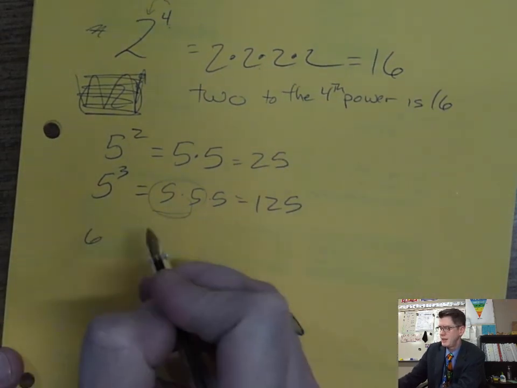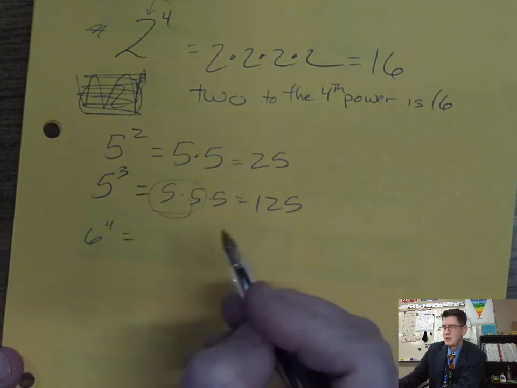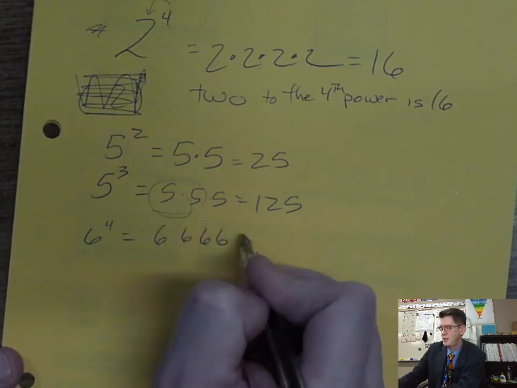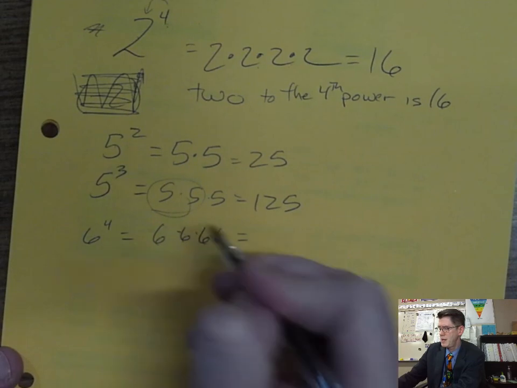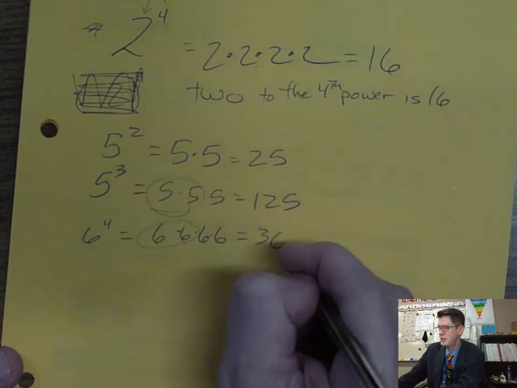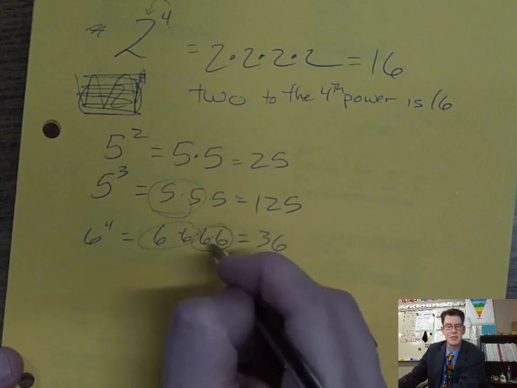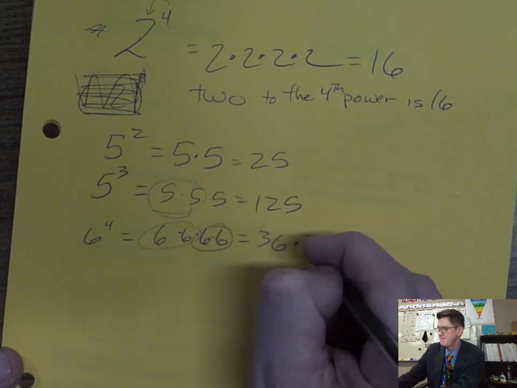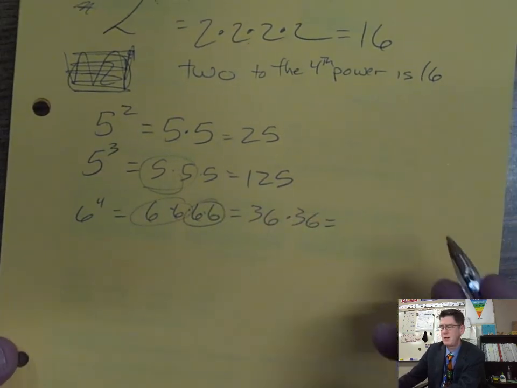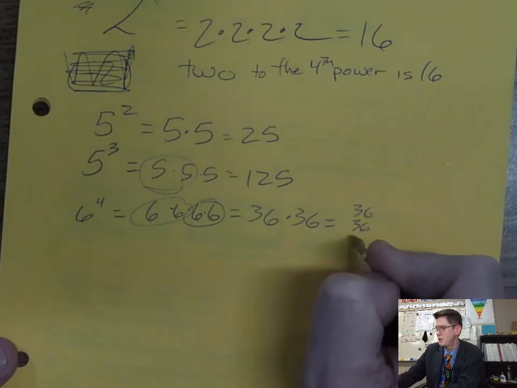What about 6 to the 4th? That's 6 times 6 times 6 times 6. Ugh, what a mess. Well, I know 6 times 6 is 36. And so that means this is 36 as well. Let's do it that way. What is that? Oh, I don't know. I'm going to have to multiply it out and see.